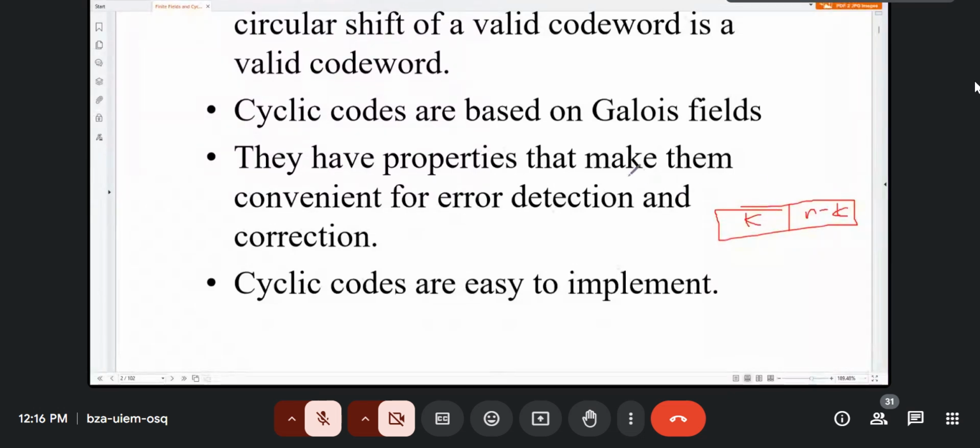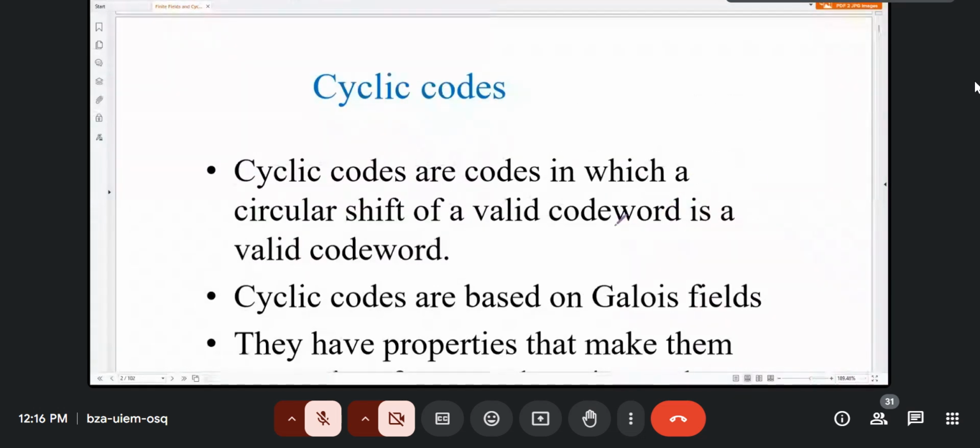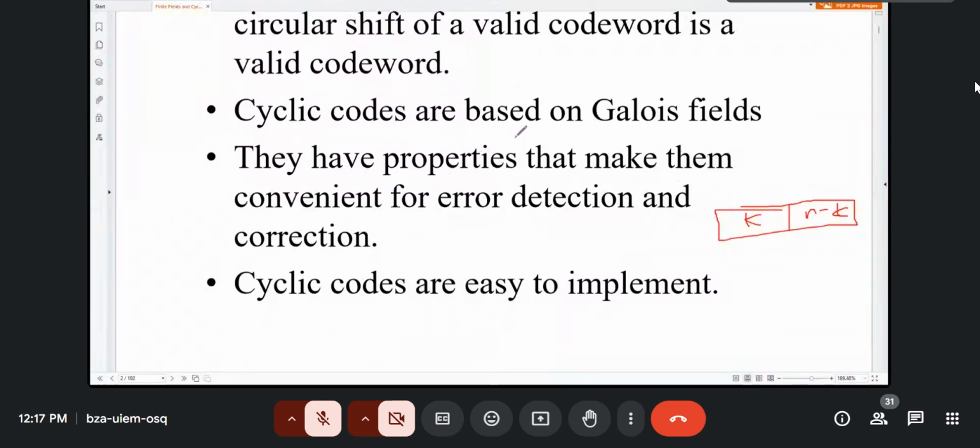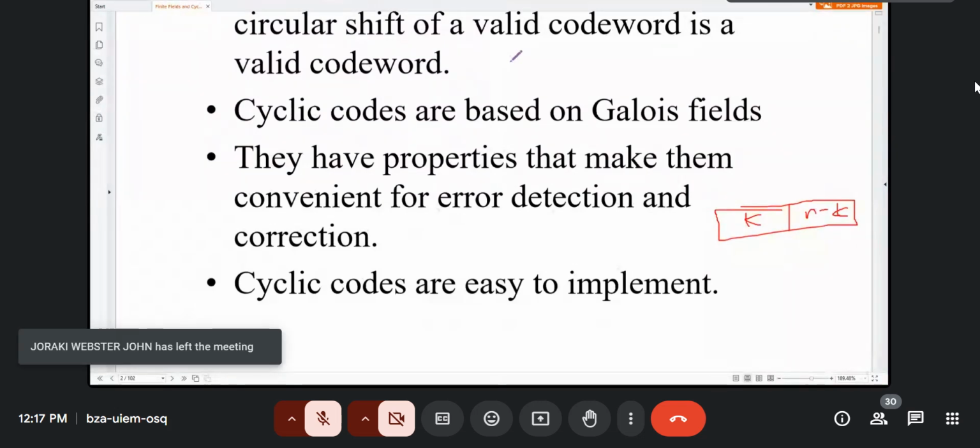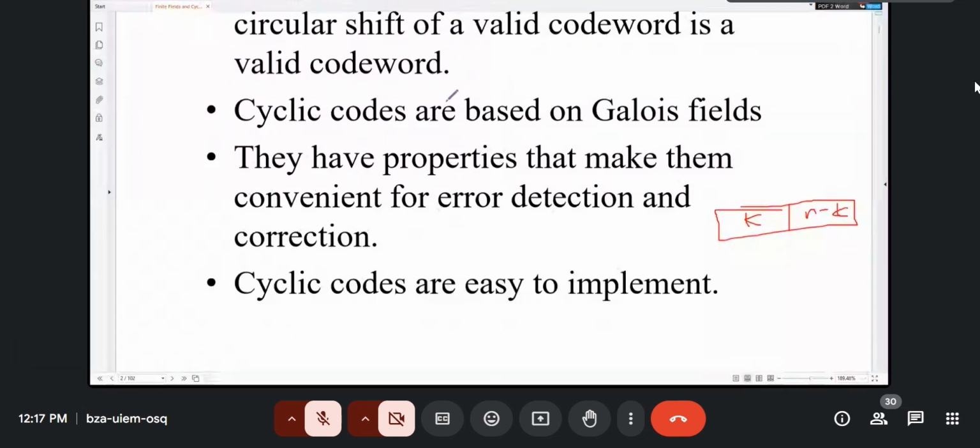So the course we are dealing with is linear block codes, and what we are going to look at mainly, the ones which can be generated with this method, are the cyclic codes, because cyclic codes are a subset of linear block codes. So these cyclic codes, we can derive them based on our knowledge of fields. We are going to deal with Galois fields.